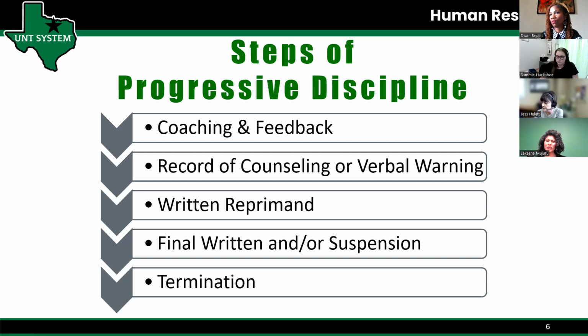As you're going through the steps of discipline, you want to make sure that you're going through the process, right? You want to ensure that you have set those expectations for the employee so they know what they're supposed to be doing, and hopefully not trying to pass off their duties to someone else. But if they are, remind them, this is what you're supposed to be doing.